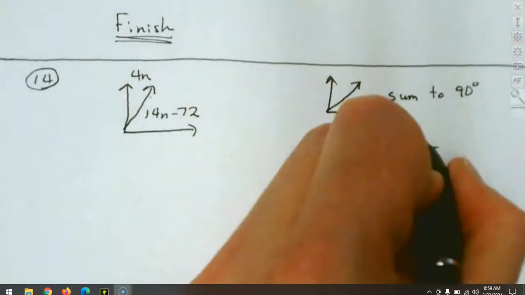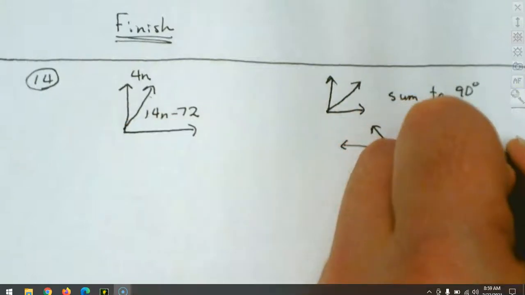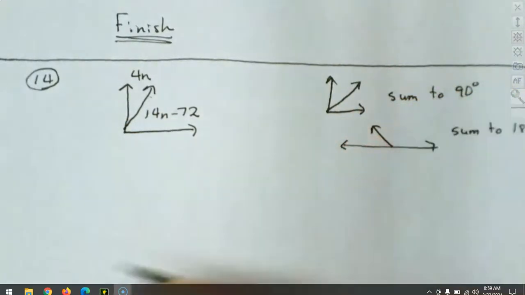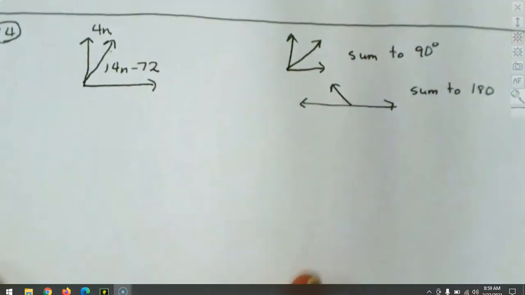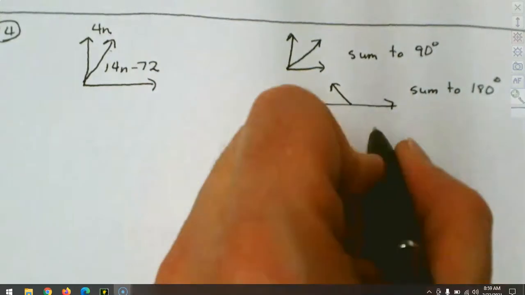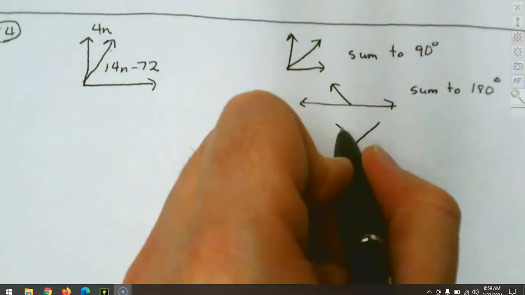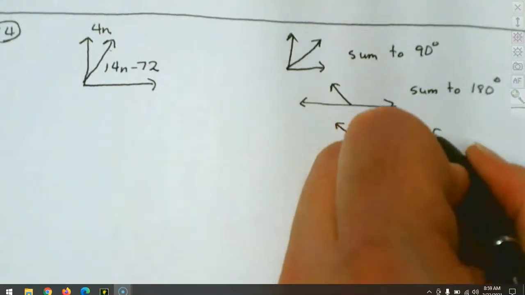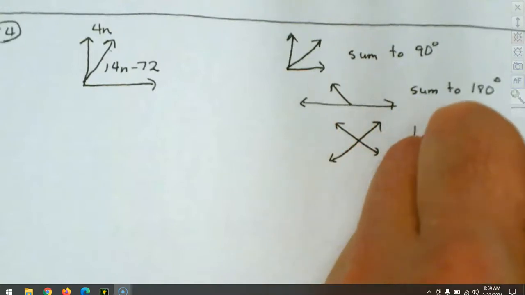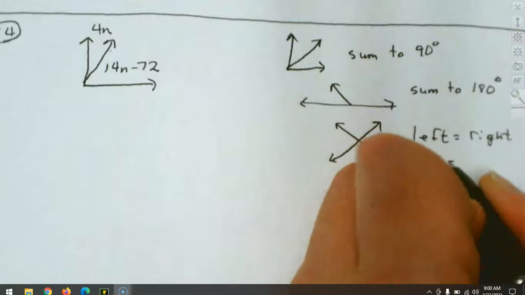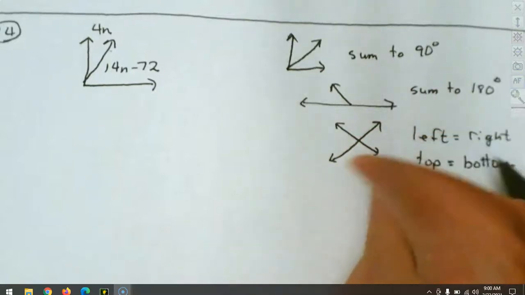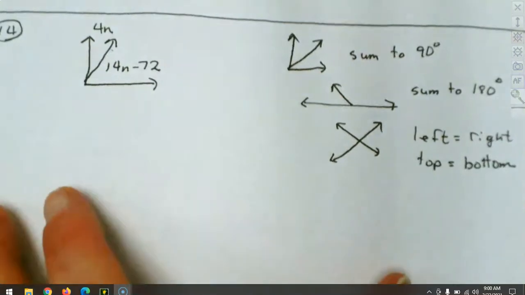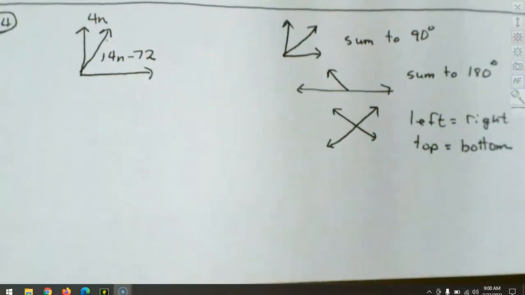So they form a straight line, and these sum to 180 degrees. So one sums to 90, one sums to 180. And then we can also have what are called vertical angles, and they make an X. And when we look at vertical angles, the left equals the right, and the top angle equals the bottom angle. So these are our 3 different scenarios here.